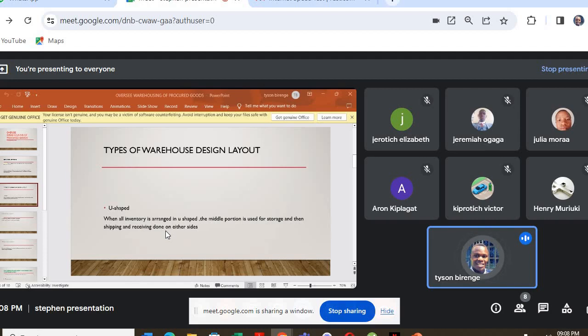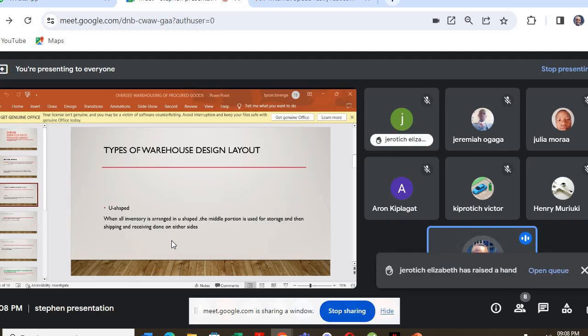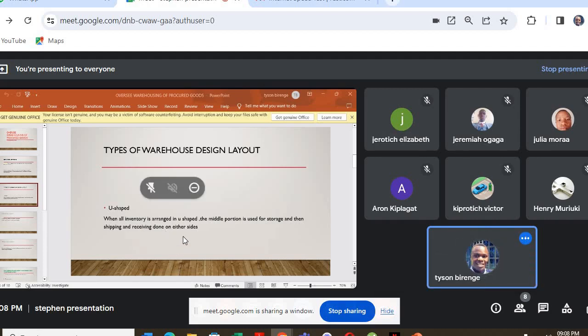Well, basically, the U-shaped warehouse design is very crucial because it's in a U shape, just the way its name suggests. The goods that are supposed to get in are on one end, while the ones that are supposed to be shipped out are on the other end.